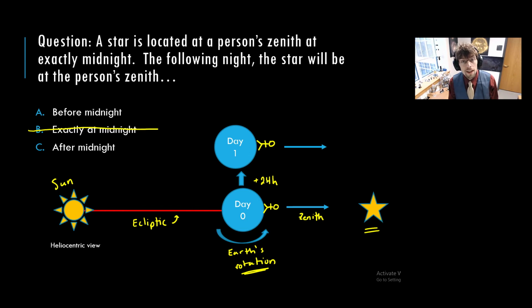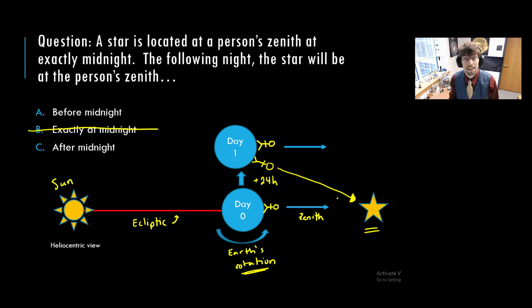So you can think of during this 24-hour span, the person rotates along, and at some point, they'll be facing here, and their zenith will be pointing at the star. Okay. Has the person rotated through more than 360 degrees or less than 360 degrees?